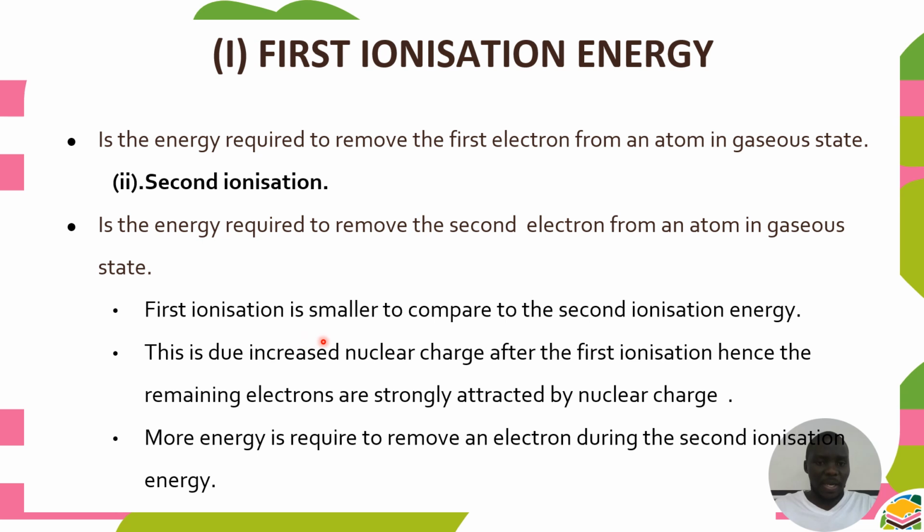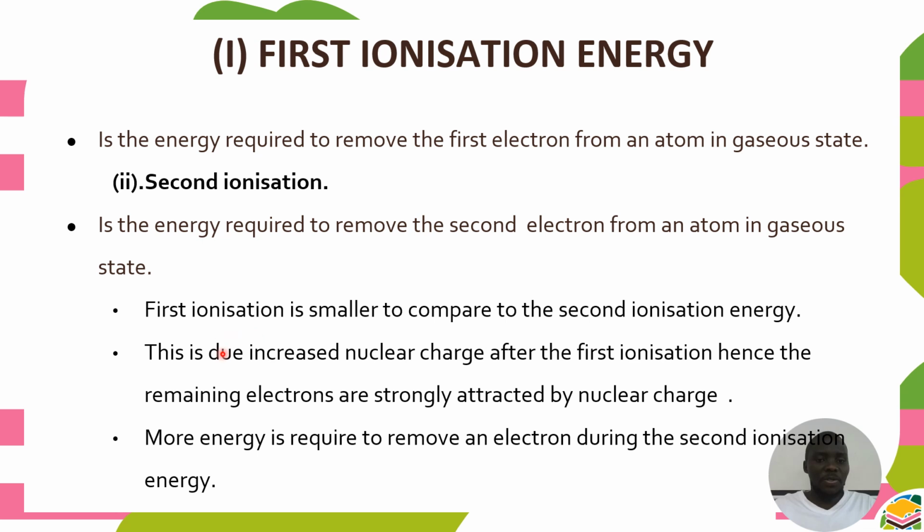So first ionization energy is smaller, in terms of kilojoules per mole, compared with the second ionization energy. This is due to increased nuclear charge after the first ionization. Let us go into details here. Remember, we are saying it's the minimum amount of energy that is required to remove an electron from gaseous state.